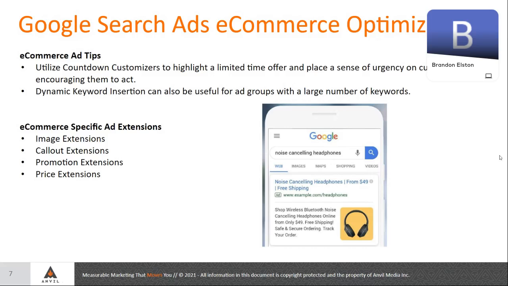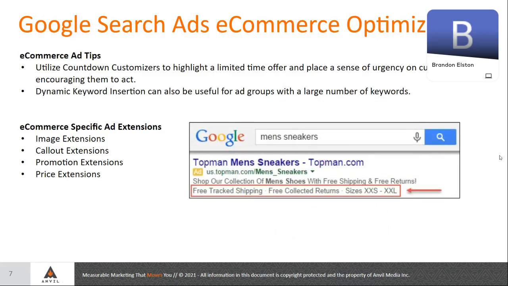So now I'm going to move on to call-out extensions. And just as the extension says, it's great for calling out some of those unique selling propositions you have at the end of your ad. So things like free shipping, if you have a wide variety of sizes, if you use only organic materials, if you've been a family business for 25 years, those are all great things you could call out there.